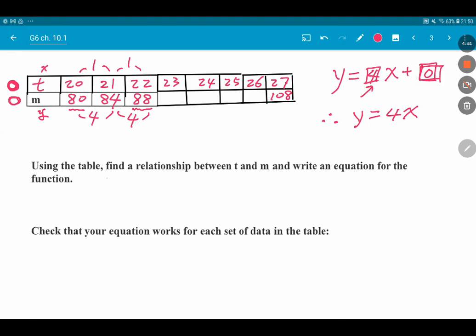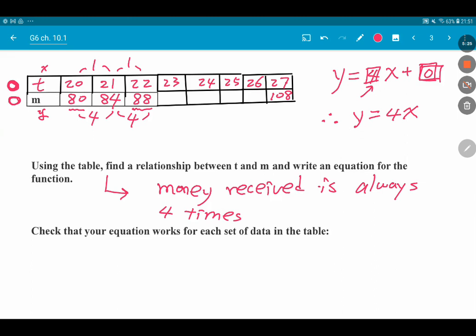Okay, and to answer this question, because it is following the textbook method, it's asking you to observe. Again, you can do that as well, but I just find it a little bit longer, and sometimes people miss the details. But in this case, we can observe that the money received is always 4 times the number of tickets sold.